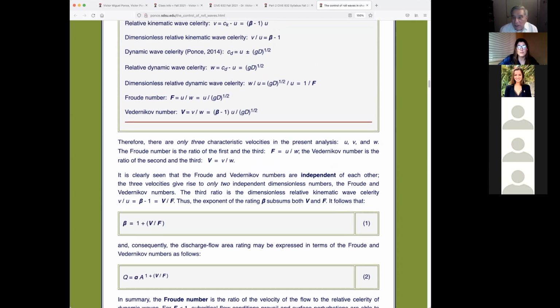Therefore, there are only three characteristic velocities, and three characteristic velocities lead to only two independent numbers, and those numbers are the Froude and the Vedernikov. That's it. There is no other velocity in open channel flow. I looked for one. Maybe I could come up with another number. No, there is no other velocity. There's the Manning-Chezy, which is the steady flow velocity, and then the unsteady flow, the short waves and the long waves, and that's it.